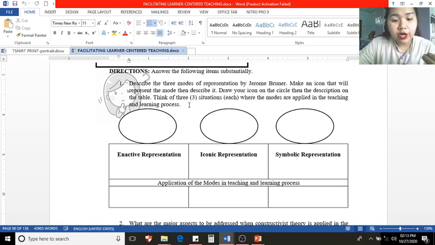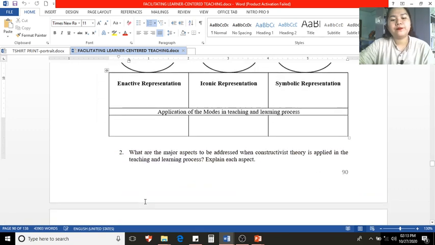Then, in your own words, describe what is inactive representation. When we say inactive representation, what does it mean? Then, below, mapapansin nyo, meron dyan, application of the modes in teaching and learning process. So, in inactive representation, you give 3 situations wherein the mode is applied. So, that is for number 1.